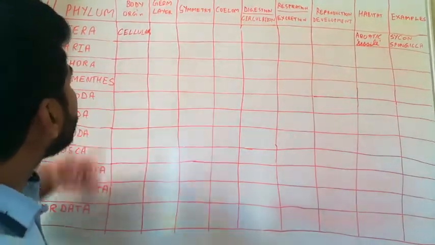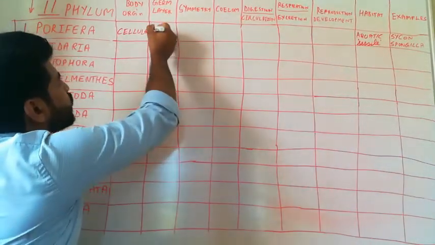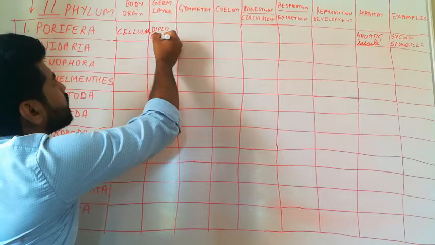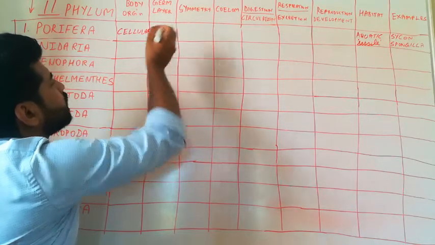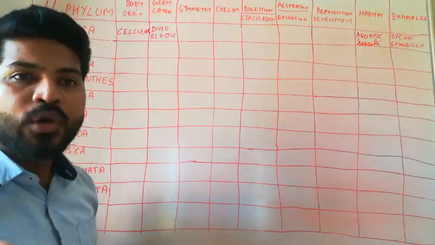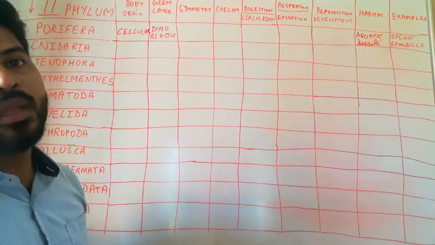As for the germ layers, there are two germ layers, so we can call them diploblastic organisms. Even though the cells are loosely arranged, two layers could be seen.